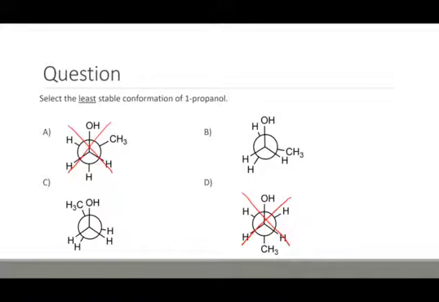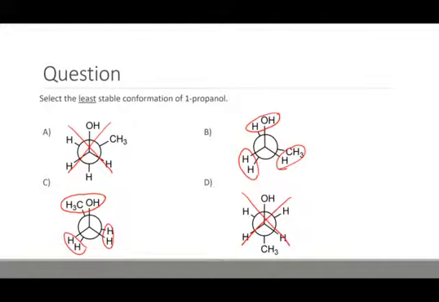In B, we have an OH group with a hydrogen eclipsing each other, and a methyl and a hydrogen, and a hydrogen and a hydrogen. These are the groups eclipsing each other. Here we have hydrogen, hydrogen, hydrogen, hydrogen, but our OH and our methyl group here are eclipsing each other.